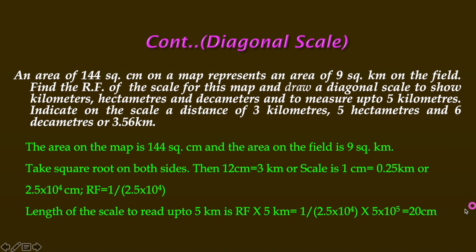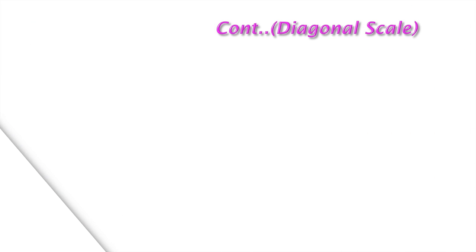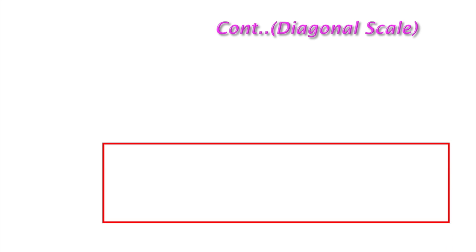After calculating the drawing length, in the drawing we will not show this 20 centimeters. So in the drawing, this 20 centimeters equals 5 kilometers in the actual case. Now let's draw the scale.